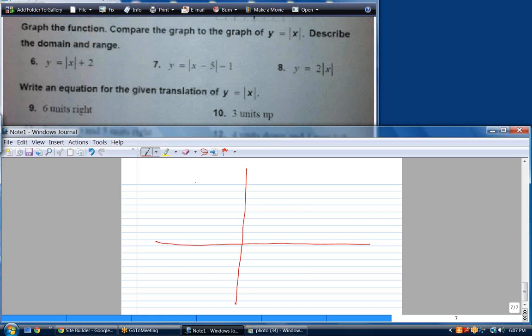Y equals absolute value of x is a big old V. The slope of this part of it is +1. The slope of this part of it is -1. And that function is y equals absolute value of x.